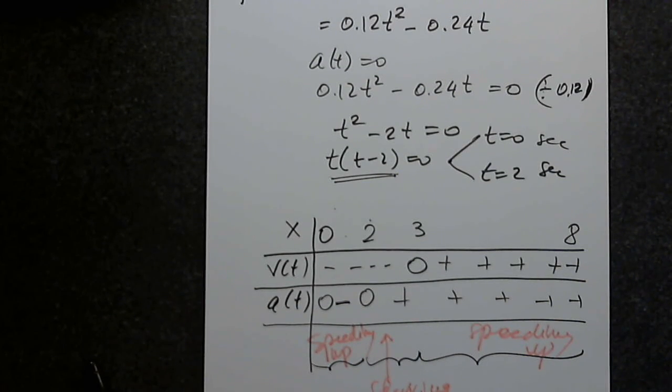I don't care for the negative side. So this is the distance. So here is the velocity. And here comes the acceleration. Okay, I'm going to change the viewing window again. I don't care for too much negative on the y-axis.